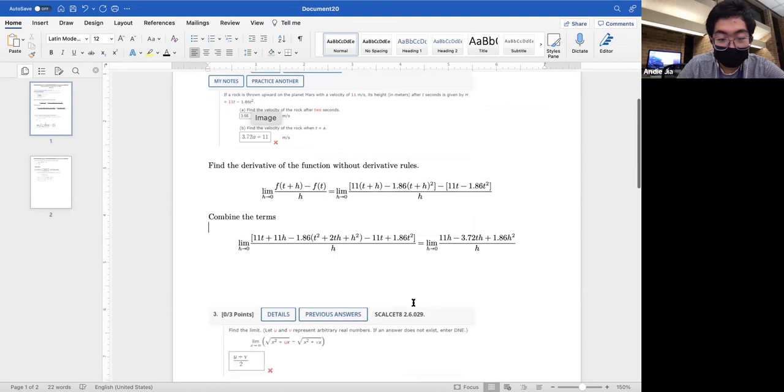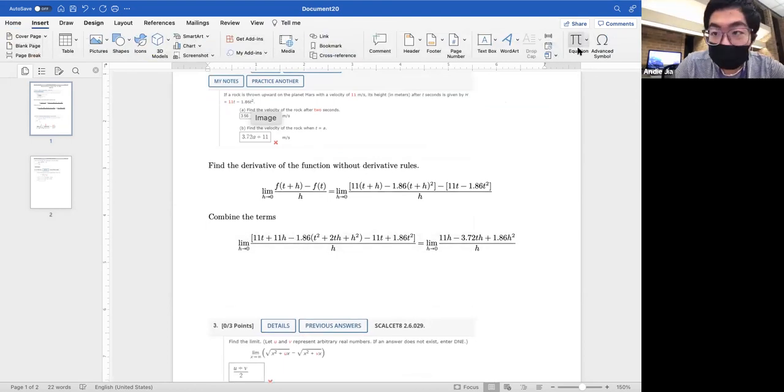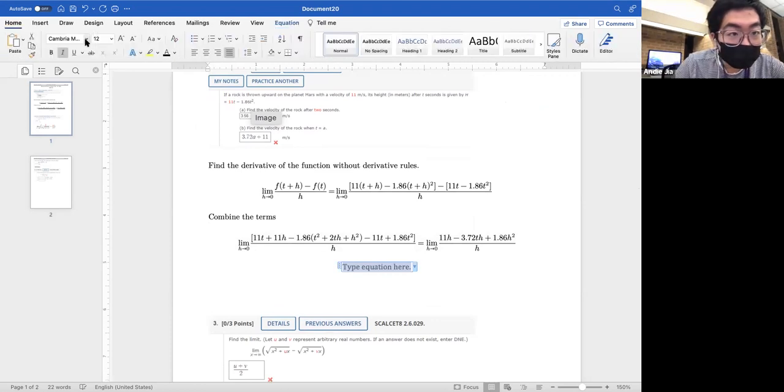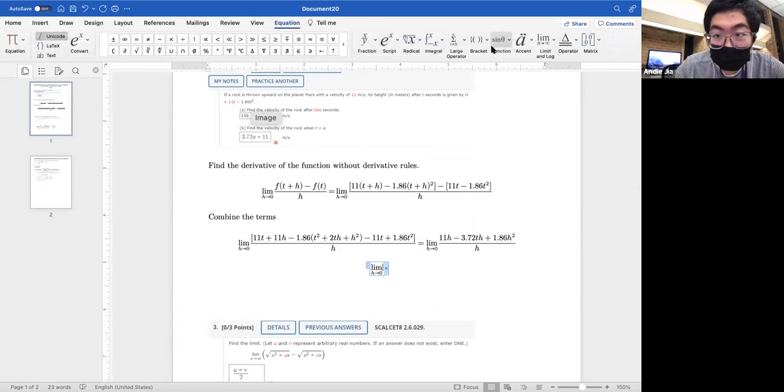Combine the terms, again with algebra. Cancel the h's, and then it's going to be 11 minus 3.72 t plus 1.86 h.